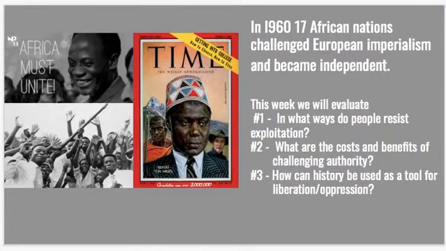We also learned that some African subjects were being forced to fight in World War II, which built up resentment and a desire for more independence and liberation for their people. And we also asked the question, what are the costs and benefits of challenging authority? We are going to think about that as we go through the rest of African decolonization.